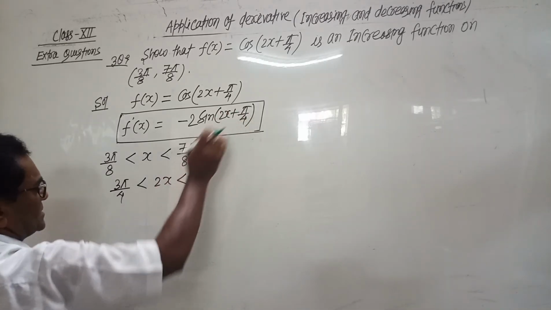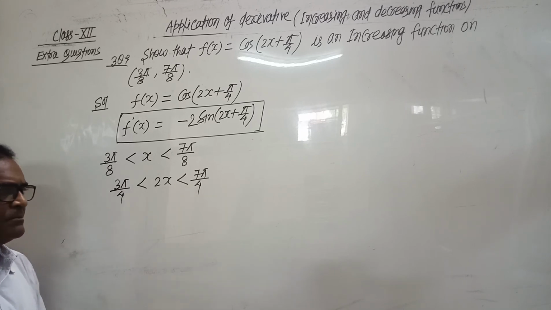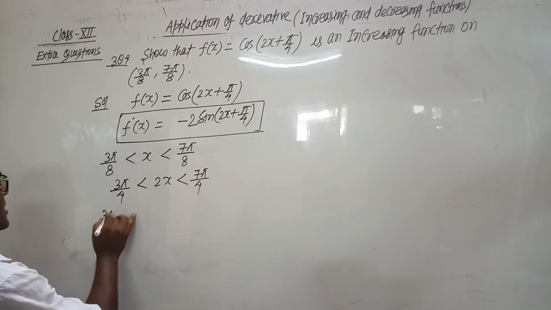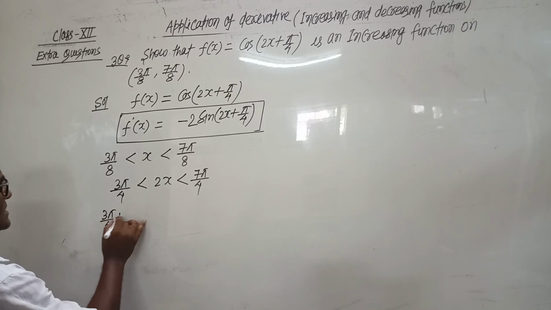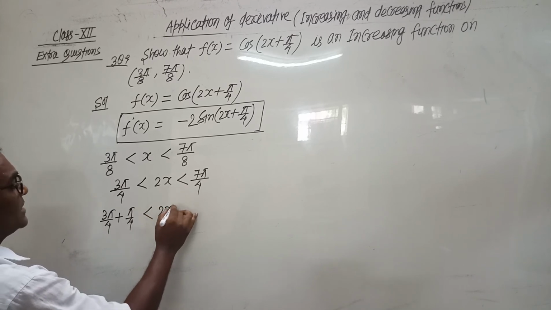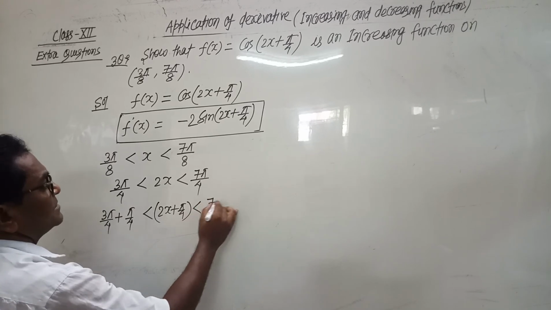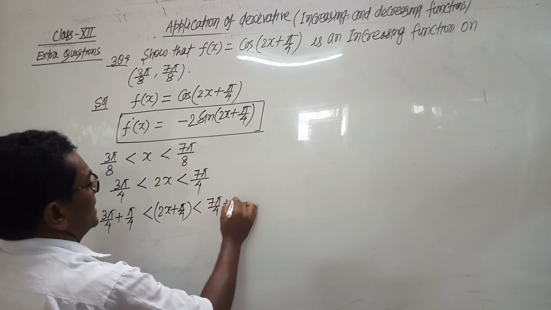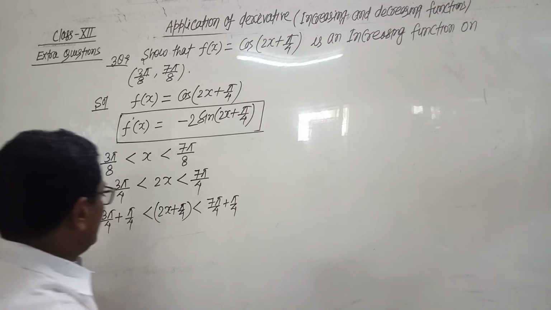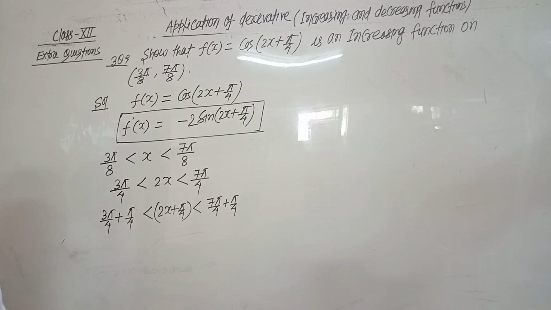Now we have to find 2x plus pi by 4, so add pi by 4 to each term. 3 pi by 4 plus pi by 4 is less than 2x plus pi by 4 is less than 7 pi by 4 plus pi by 4. In an inequality we can add the same quantity to each and every term.